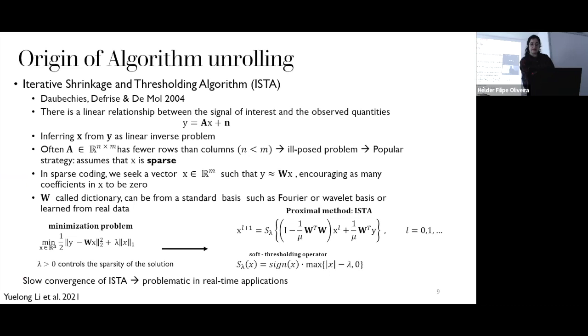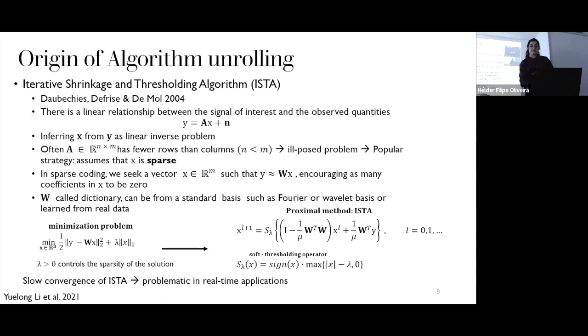This is the sparse algorithm that Gregor and LeCun used. It is ISTA, proposed by Daubechies, which is just a linear relationship between a signal of interest and the observed quantities, and it is solved as a linear inverse problem.